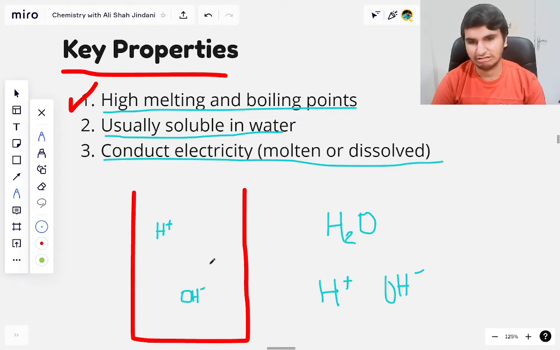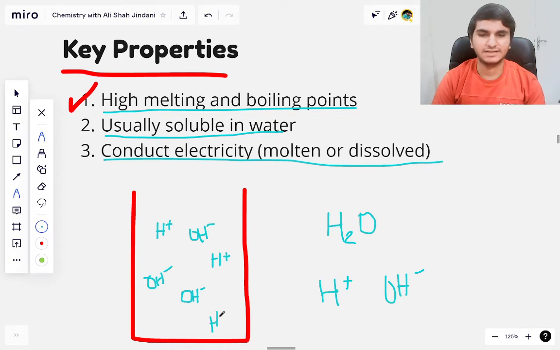So H might be here, OH might be here, and there are many OH here as well. So water is made up of these ions, spread around.